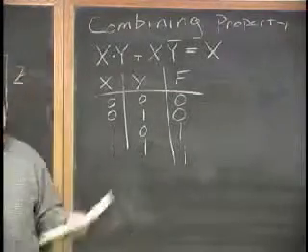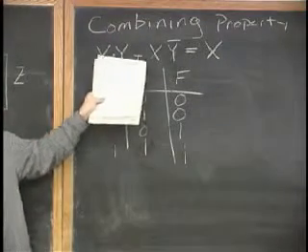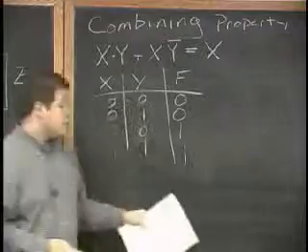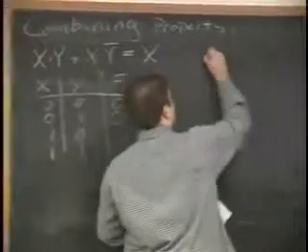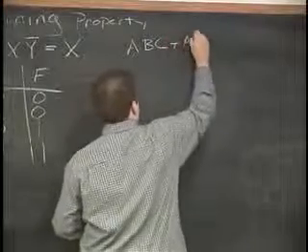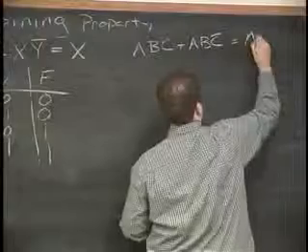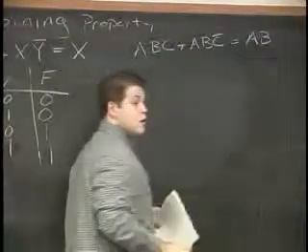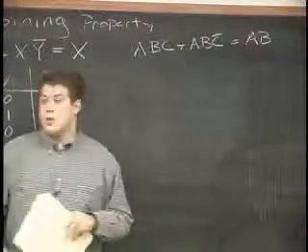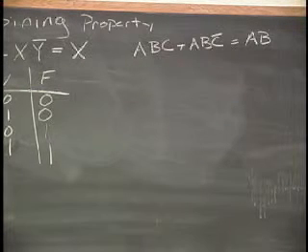So this is not only true for x, x can be any collection of terms. So if we have a, b, c plus a, b, not c, that just equals a, b. Okay? So this is the property that we're going to exploit in order to simplify our logic.